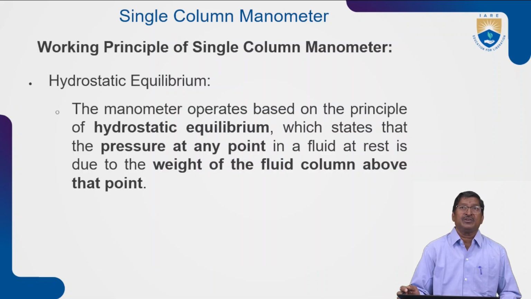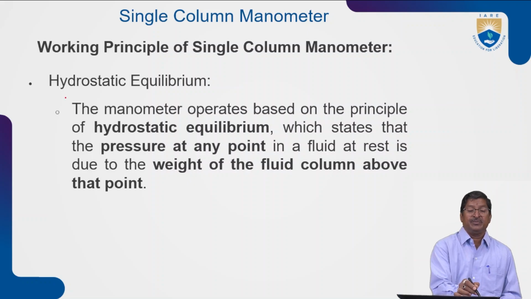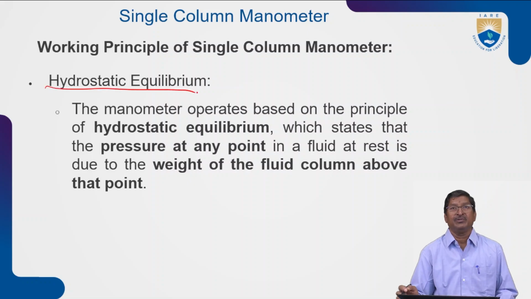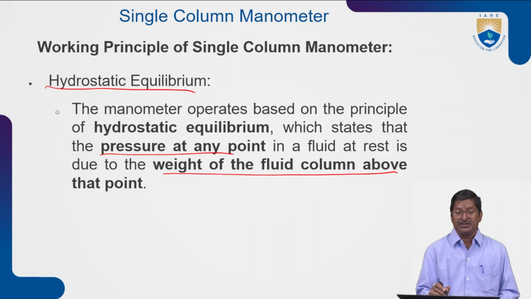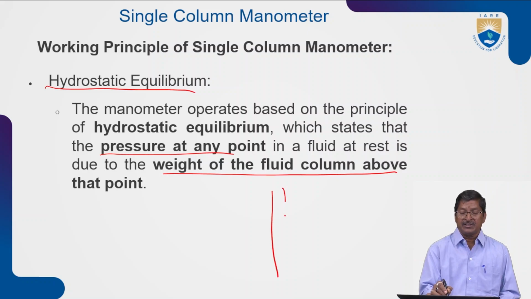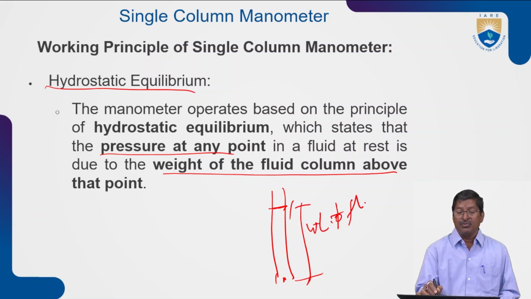So the working principle of single column manometer is nothing but hydrostatic equilibrium. Okay. So you can measure the pressure at any point in a fluid at rest. It is nothing but the weight of the fluid column above that point. So that means if you put this pipe, okay, and any fluid is like this, if you want to know the pressure here, it is the weight of this much fluid above this point.